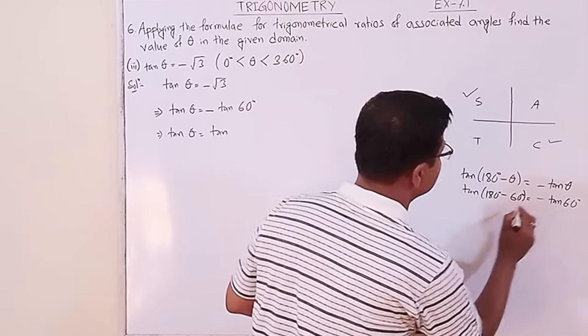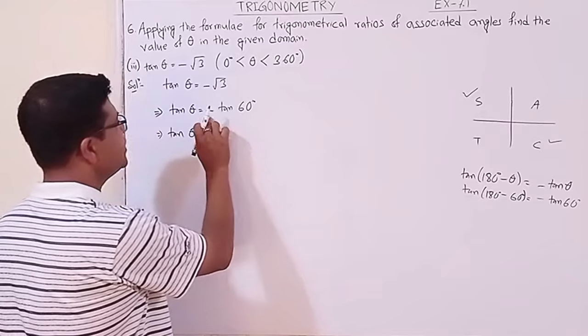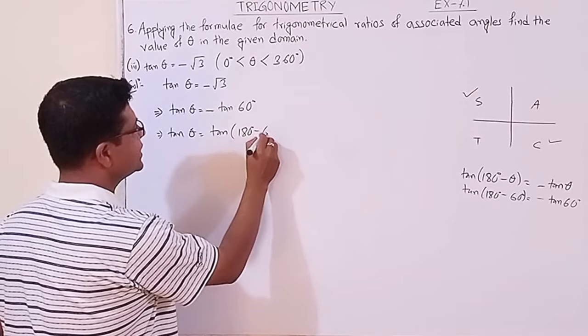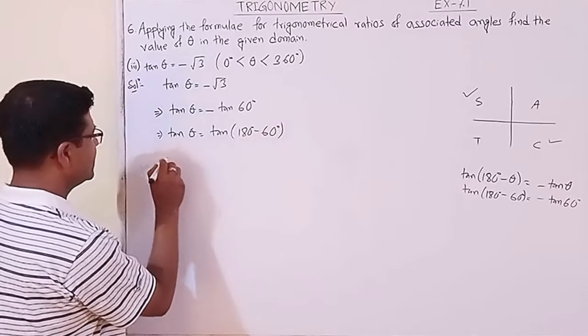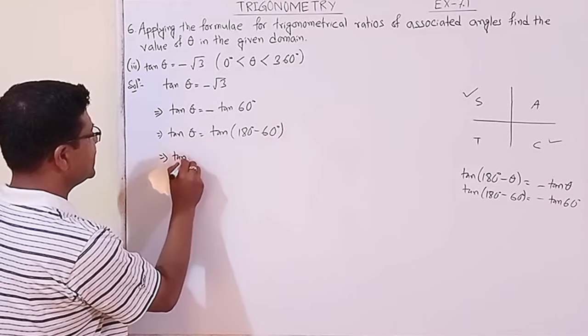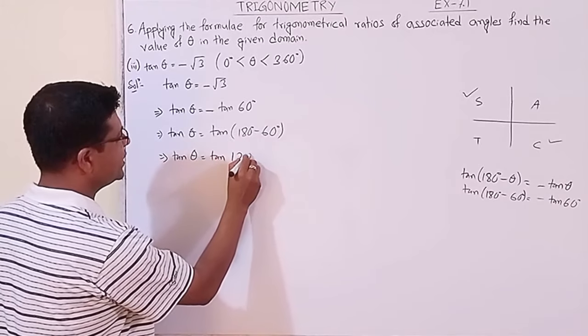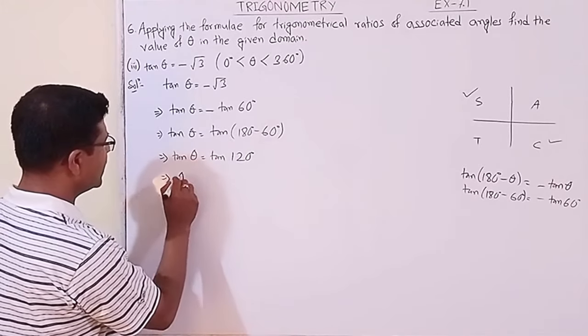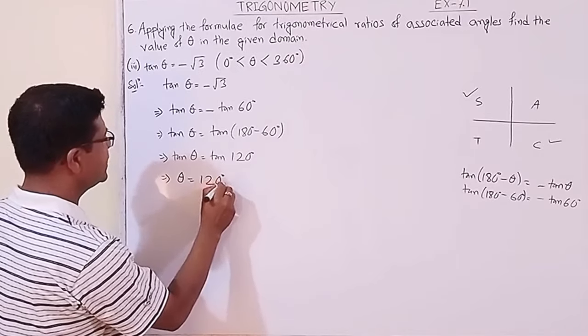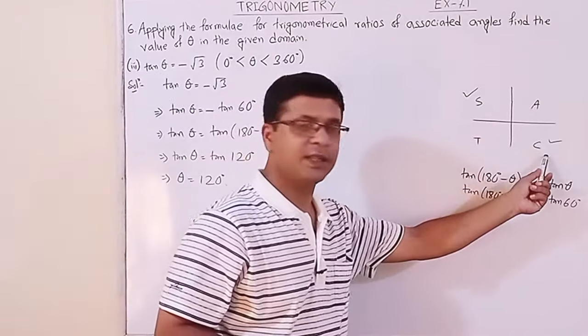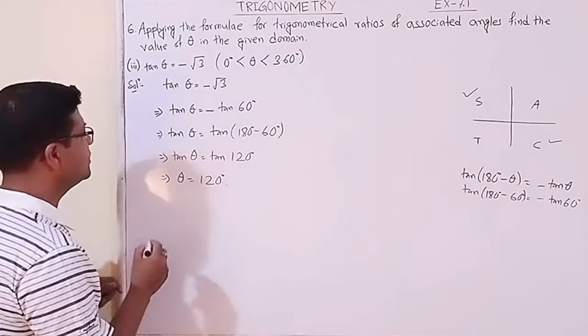Thing is very simple, my dear students. So tan of theta, tan of 180 minus 60 is 120. So one value of theta we have got, it is 120 degrees. This one we have done. Now this is left, so let us move again.